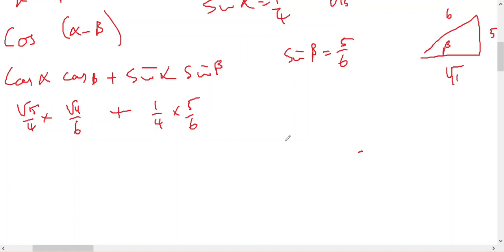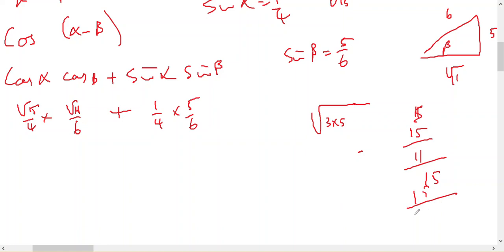So root 15 times root 11 over 6 times 4. There are no common factors, is there? 15 times 11 gives me 165.